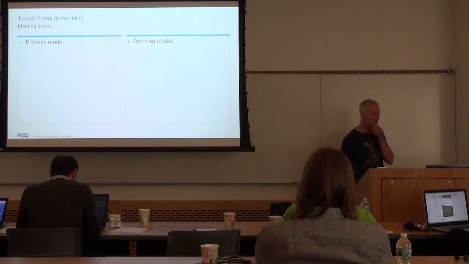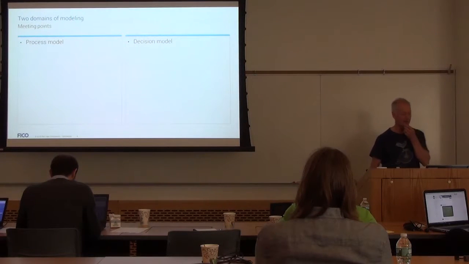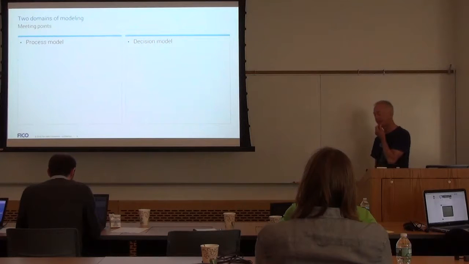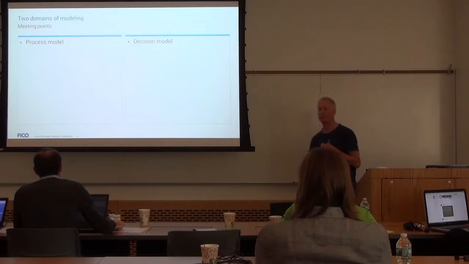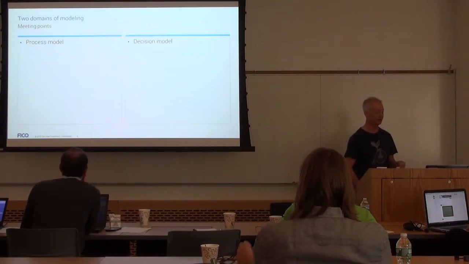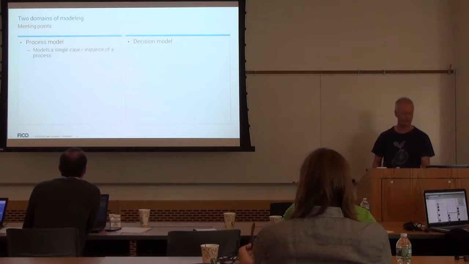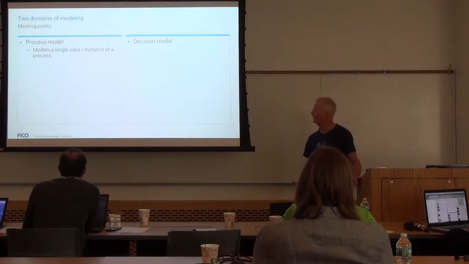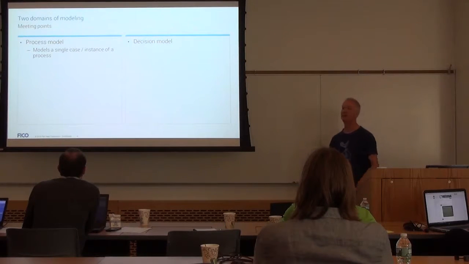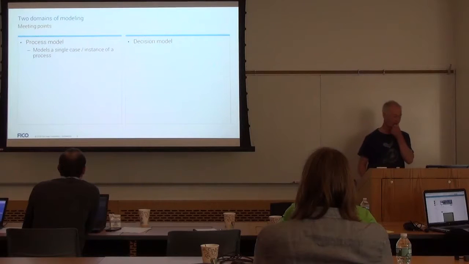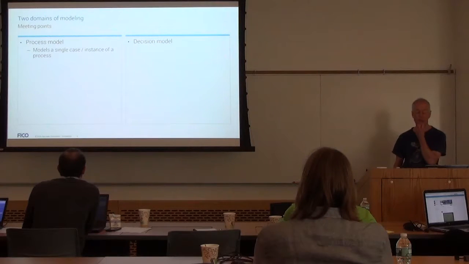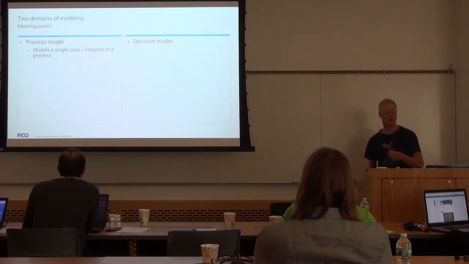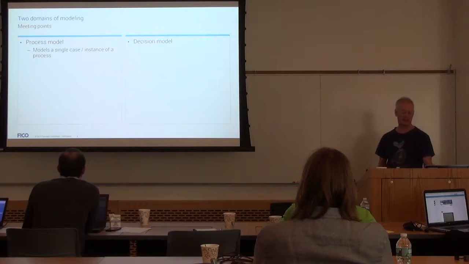So where are the meeting points between these two domains, as different as they are? Because we want to implement a project using both DMN and BPMN, we have to see how they touch each other. A process model models a single case, a single instance of traversing a process, or all the possible paths that a single case might take through a process, but it's still a case that we're dealing with.